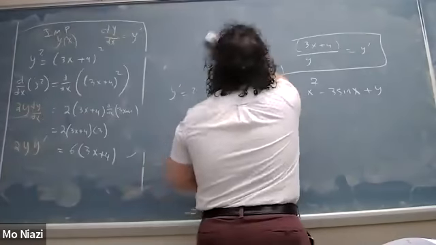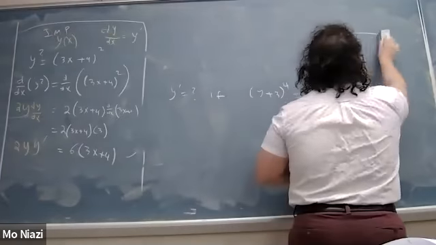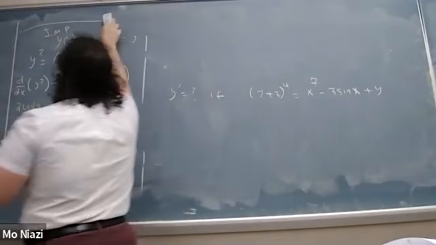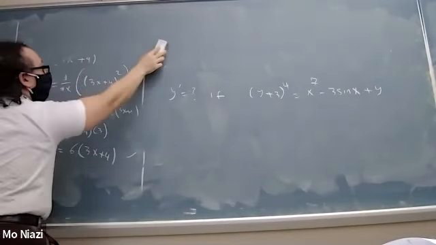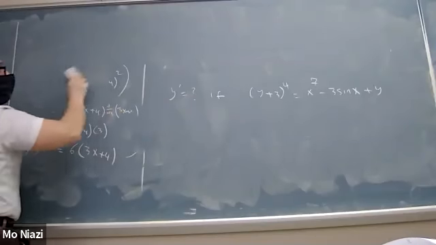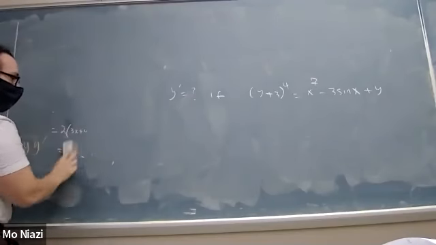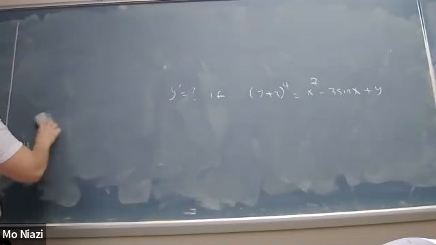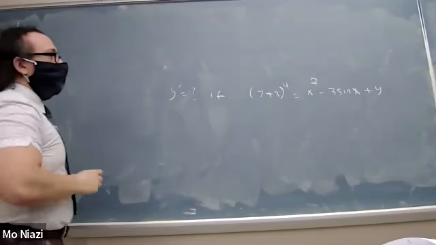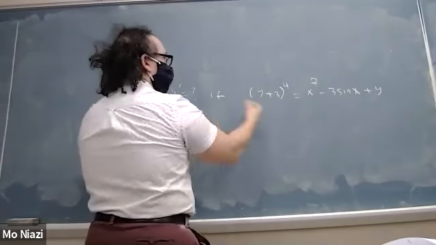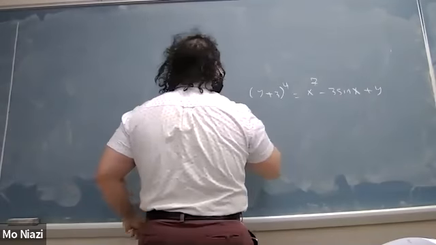Let's clear up some space. Okay. Y prime, what is it? Well, we got to take the d dx of both sides.